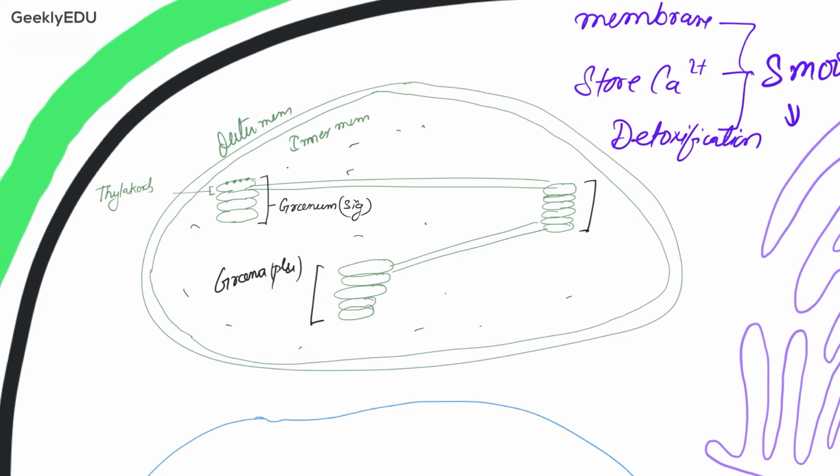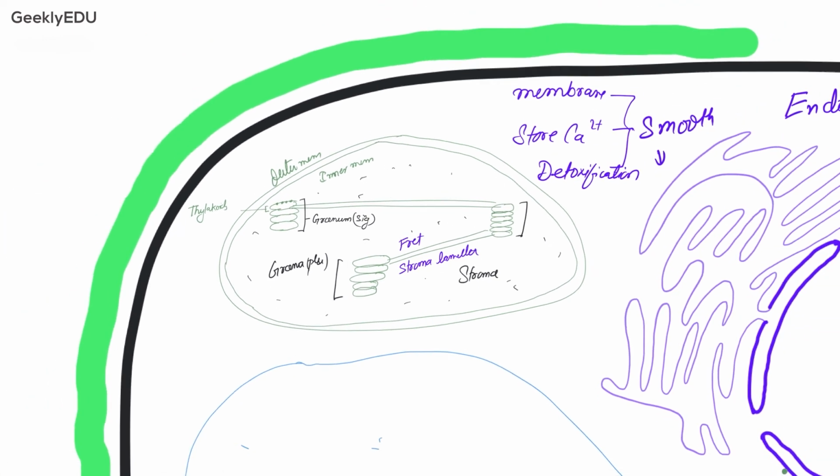What should this space be named? This space is called stroma, and through stroma there are connections in between different grana, that's called fret. They are also known by the name stroma lamella because they are connections, right? So this organelle is chiefly found in plants and other algae.